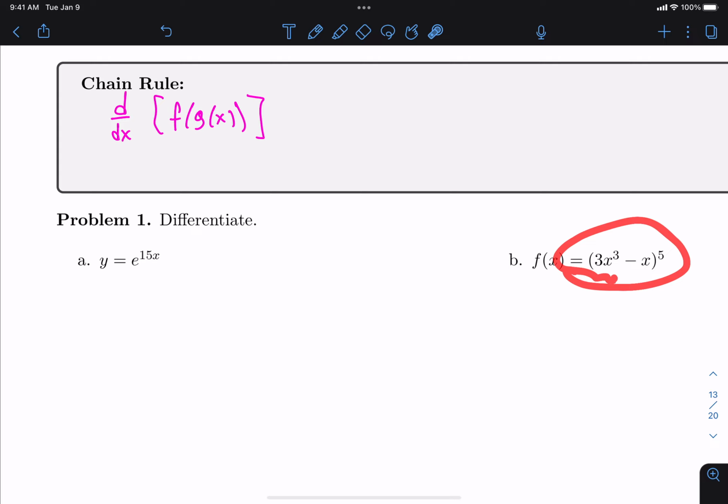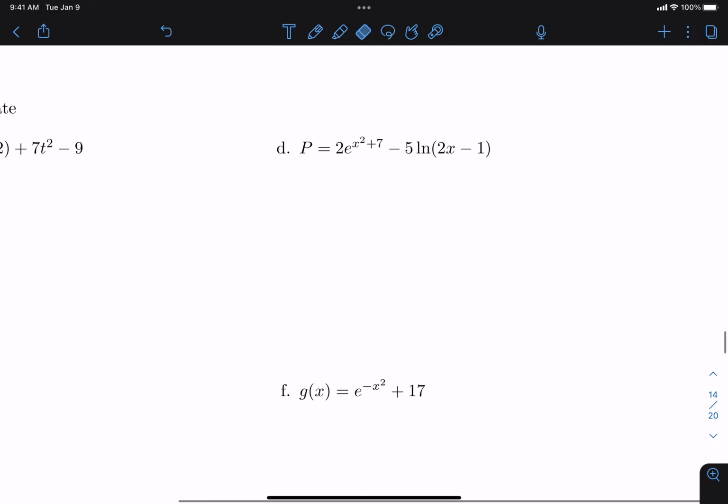But you probably wouldn't want to if I put a 50 there instead of a 5. It would take a really long time to foil 50 times. Okay? So that's why we like this rule, which allows us to shortcut that method. And it also allows us to do more complicated stuff, like you wouldn't be able to do that for something like this, right? How are you going to execute an x squared power on something?